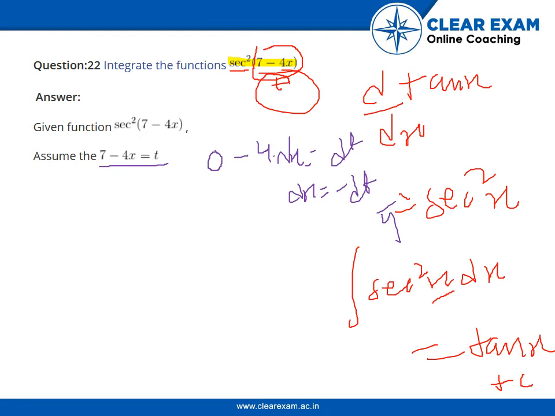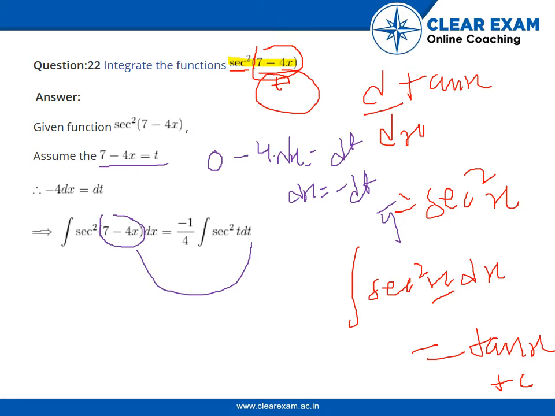Now we replace 7 minus 4x by t as we assumed, and dx by dt by minus 4.